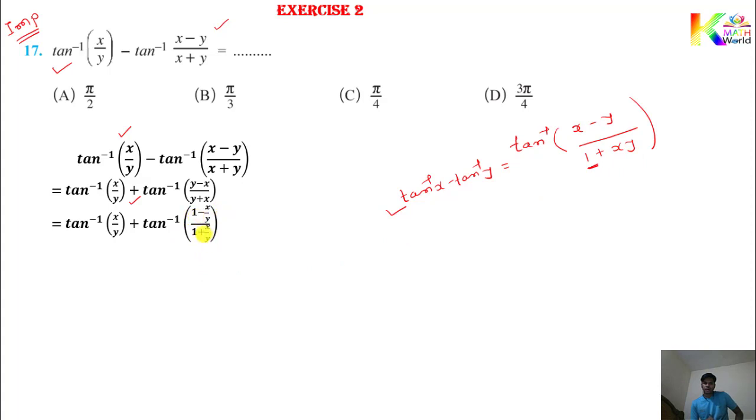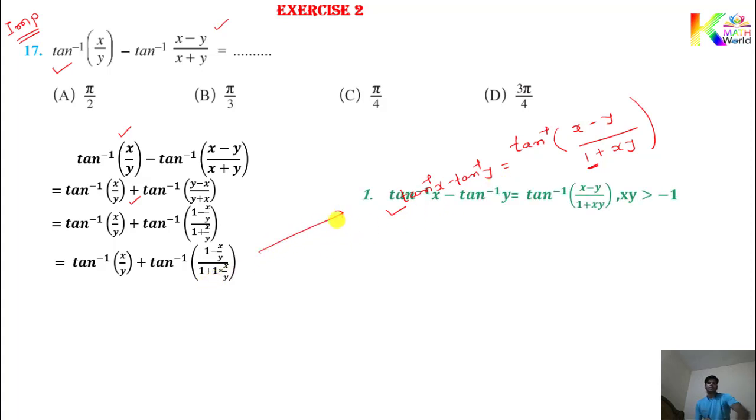So here you can see again 1 is hidden in multiplication. 1 into x by y, you can consider it as 1 into x by y. So here you get a formula. So which formula? Tan inverse x minus tan inverse y. It means you got tan inverse 1 minus tan inverse of x by y. So using that formula, tan inverse 1 minus tan inverse, here 1 is hidden, so that 1 can be expressed this way. Then you can use this formula.